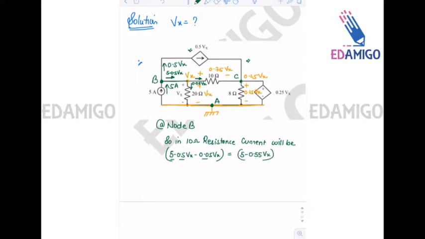Now, as we know that the voltage drop across 10 ohm resistance is 0.75 Vx. So I can say that current multiplied by 10 ohm is equal to the voltage drop, that is 0.75 Vx. So the current, 5 minus 0.55 Vx, multiplied by 10 is equal to 0.75 Vx.